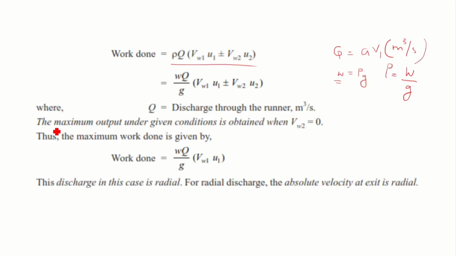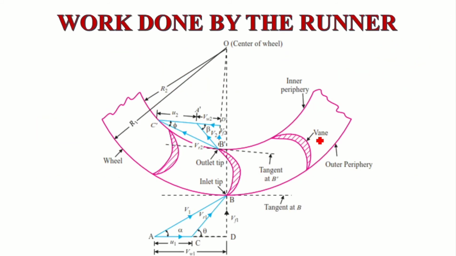The maximum output is obtained when the condition is VW2 equal to 0. VW2 equal to 0 means what? Beta is equal to 90 degrees. This angle will become 90 degrees.